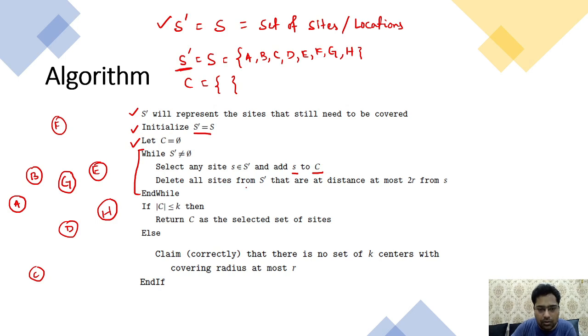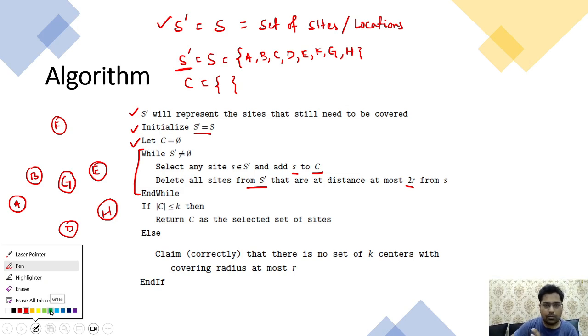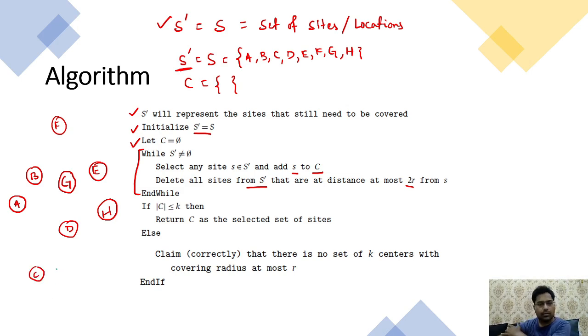Next, delete all the sites from S prime that are at distance at most 2r. Basically, whenever we say 2 times r, within that range we will be deleting those. Now we will decide how to find the center. We don't know what the r exactly is here. Okay, so I'm just writing, suppose it is r, 2r.